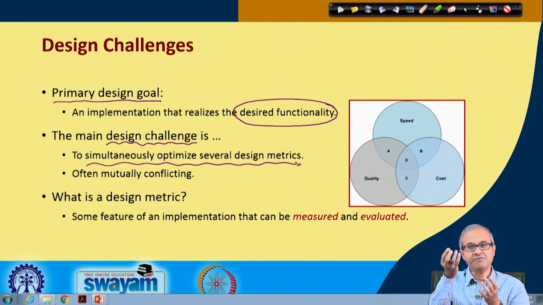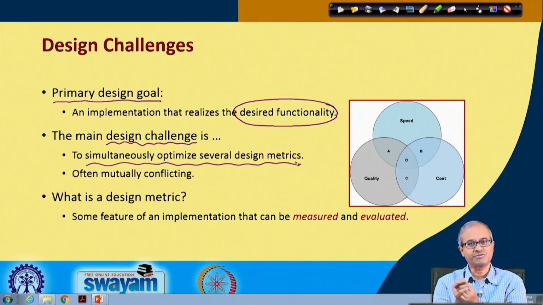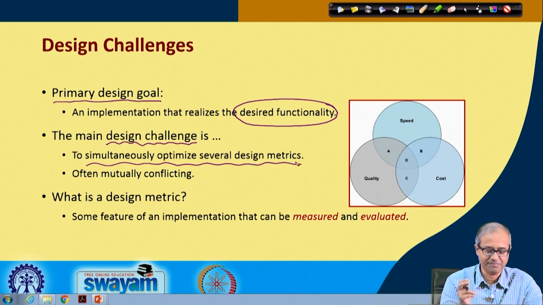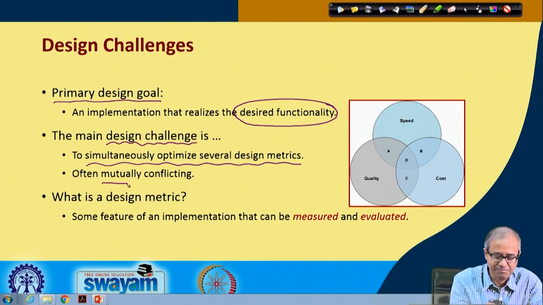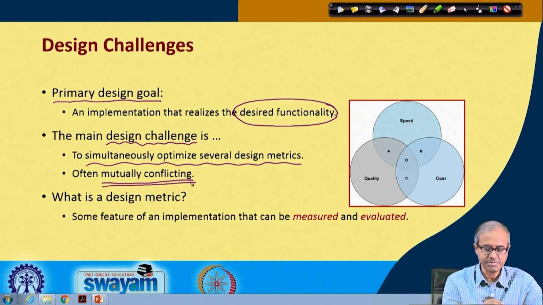But you see, if you try to reduce the cost, naturally your performance will also go down, your ruggedness can also be compromised. So, you cannot have the best of all worlds. This is something we refer to as trade-off. These are mutually conflicting in most cases.